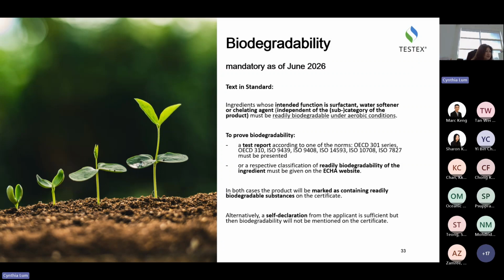So in both cases, the product will be marked as containing readily biodegradable substances on the certificate if you meet these two requirements, meaning a test report or if you can prove it on the OEKO website. Alternatively, a self-declaration from the applicant is sufficient, but then biodegradability will not be mentioned on the certificate. Right.